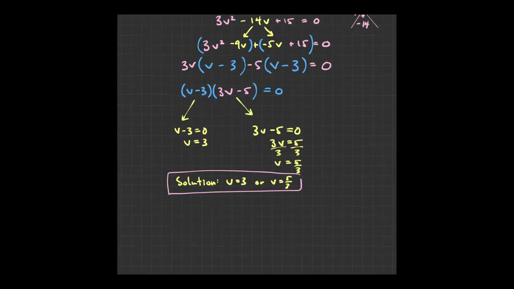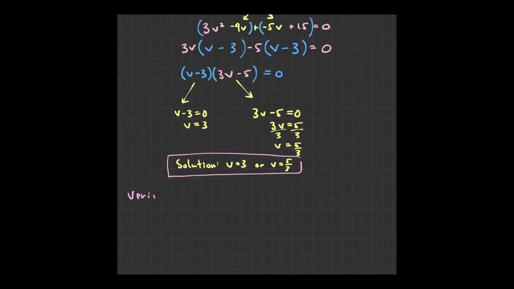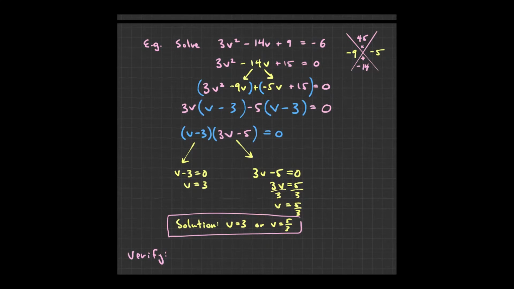Okay, so let's verify. So to verify our solution, we will take the original equation, the one that we haven't touched, right? It doesn't make sense to take this equation because the whole point is that maybe we made a mistake somewhere in all of that, right? So we are going to take the original untouched equation.